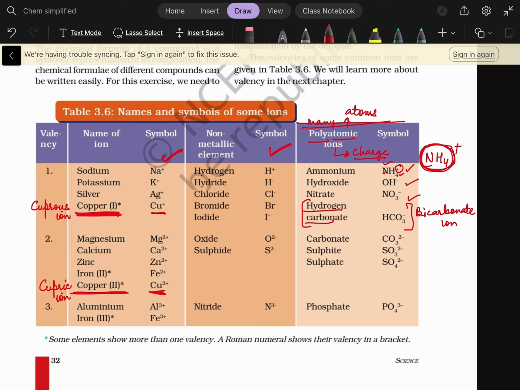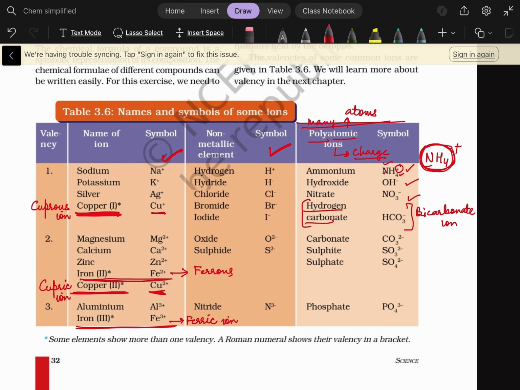Similarly, if you see here iron, iron 2 is Fe2+ and iron 3 is Fe3+. So this Fe2+ ion is ferrous ion, and this is ferric ion.